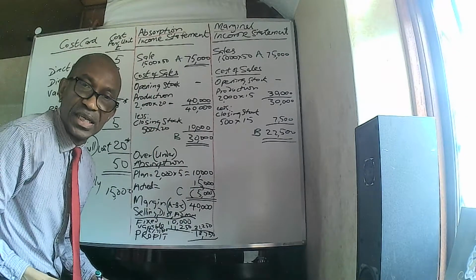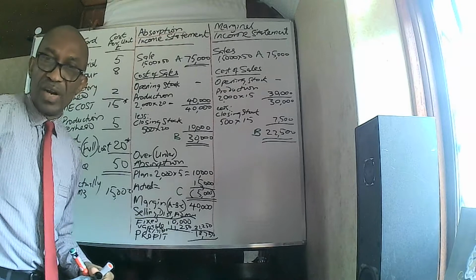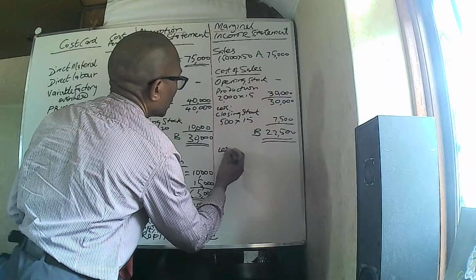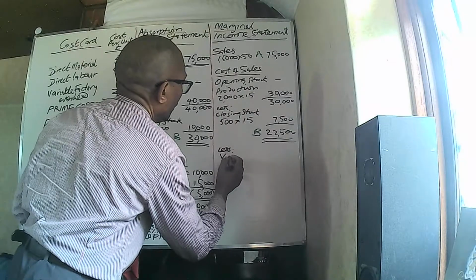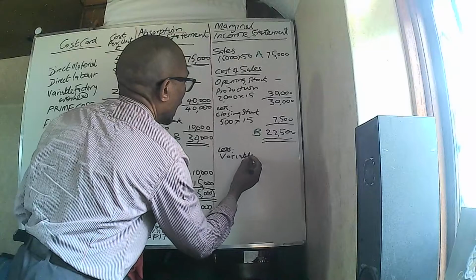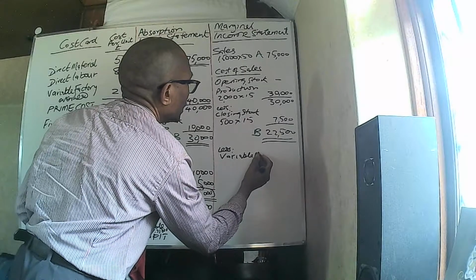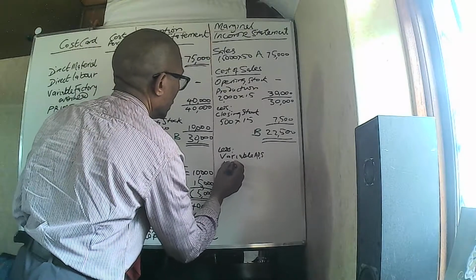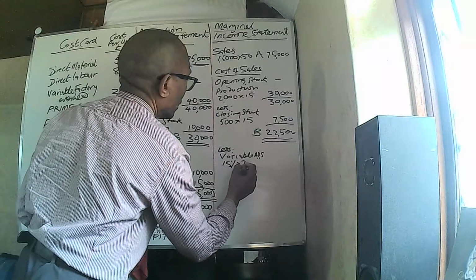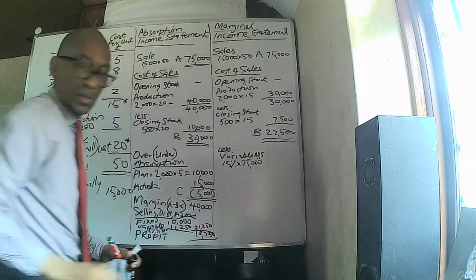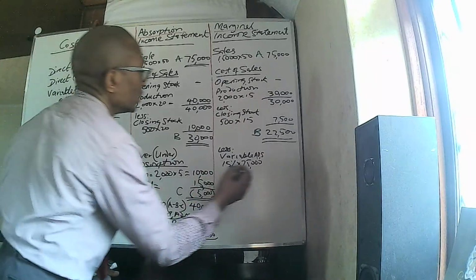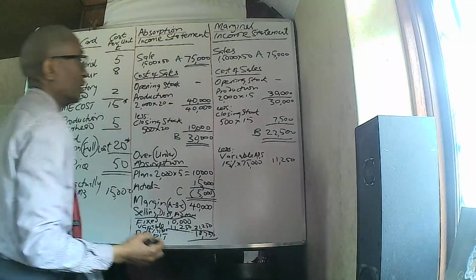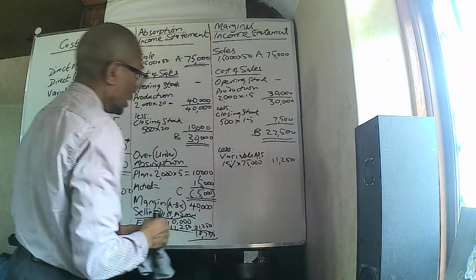So there's a variable element still outstanding in my equation, which is variable admin, distribution, selling, which is 15% times 75, 11,250. So I call that C.